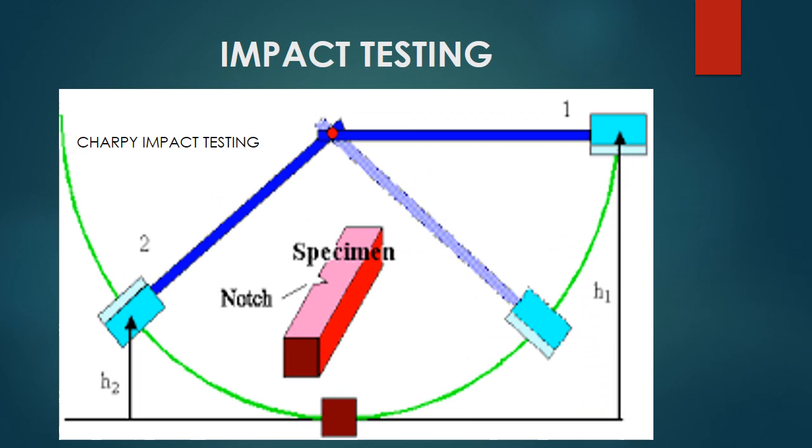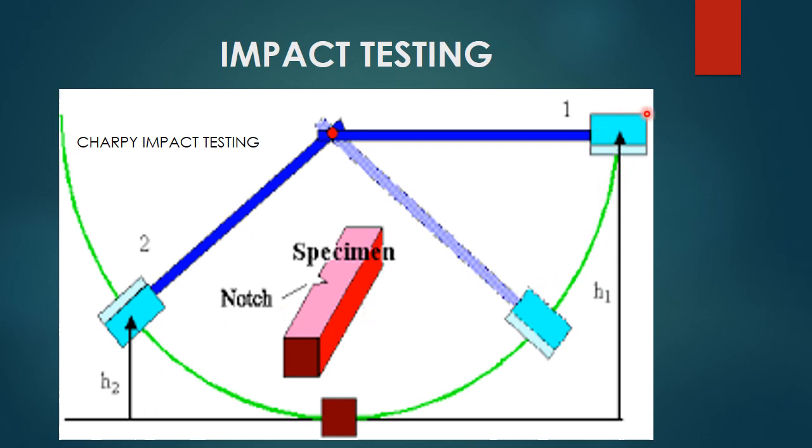The fracture toughness of steel is evaluated using the impact testing machine as shown in this figure. A specimen of known dimension as per ASTM E23 is machined having a V notch, as shown in this figure. It is kept horizontally with respect to the striking load.